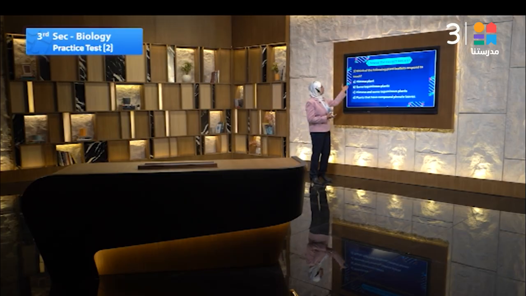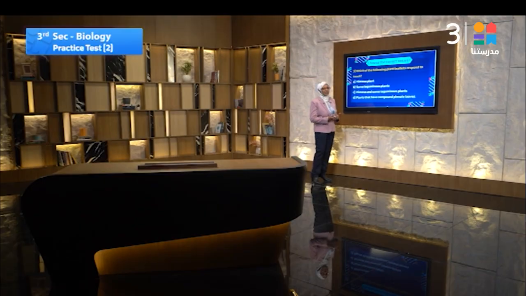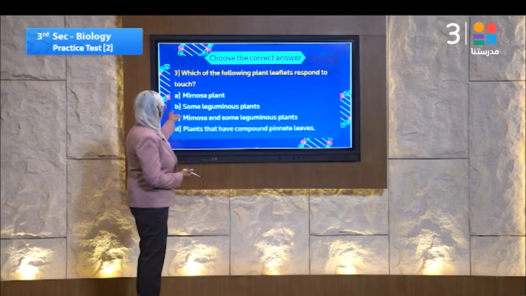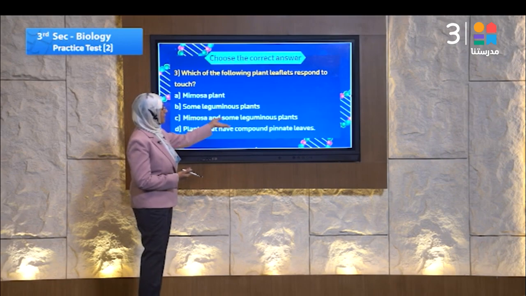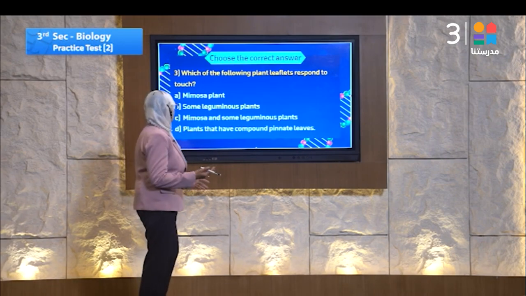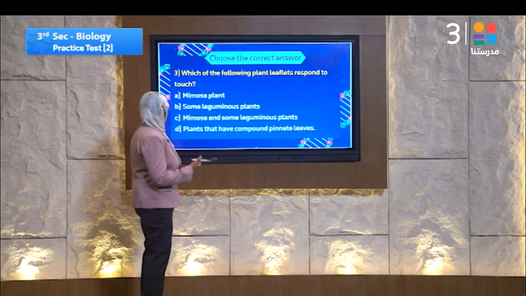The first one is the mimosa plant. The mimosa plant is the shy one, the shy lady, that we call shy. After we read the choices, I will repeat it again. B, some leguminous plants, pea plant or bean plants, parts of legumes.